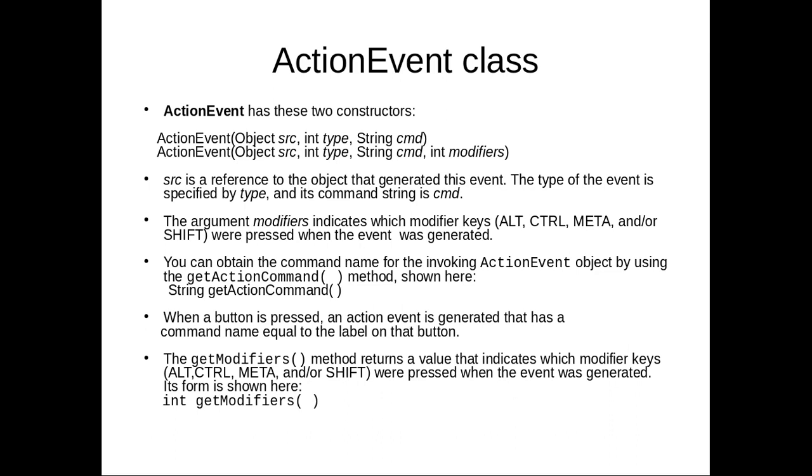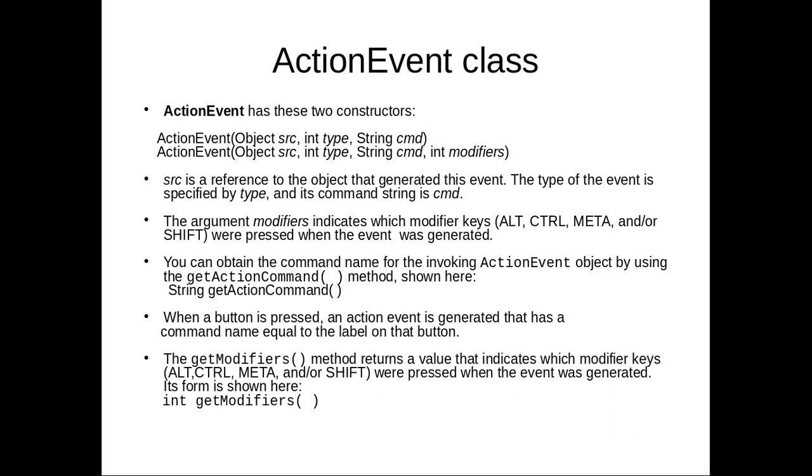Type means it is the type of the event. Then String cmd means it's the command string, which we'll discuss. And modifiers means whether the alt, control, meta, or shift keys were pressed when the event was generated.